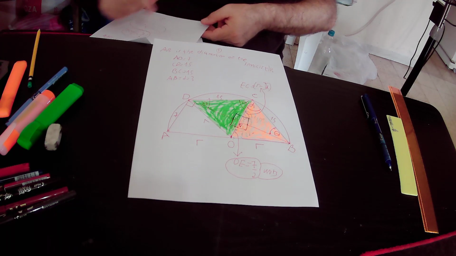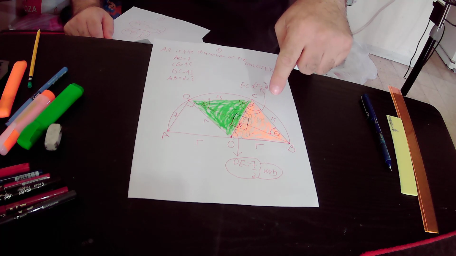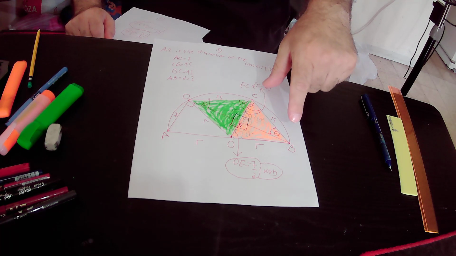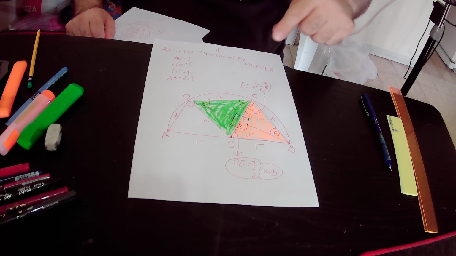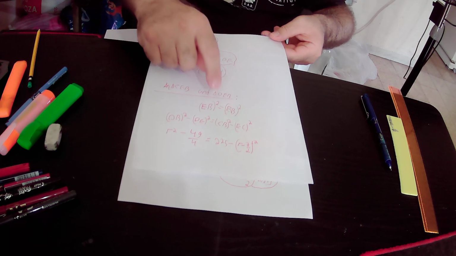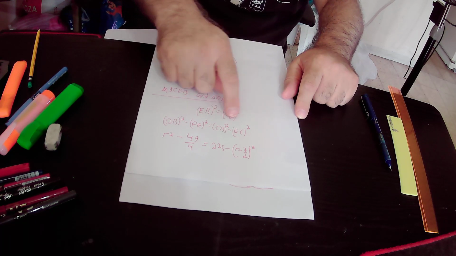And the second EB square in the equality is related to this triangle. Here EB square equals CB square minus EC square.